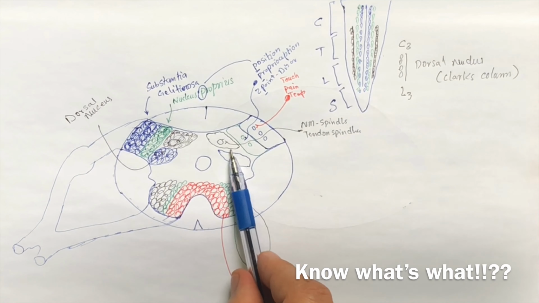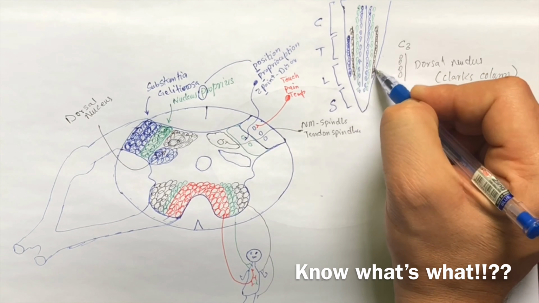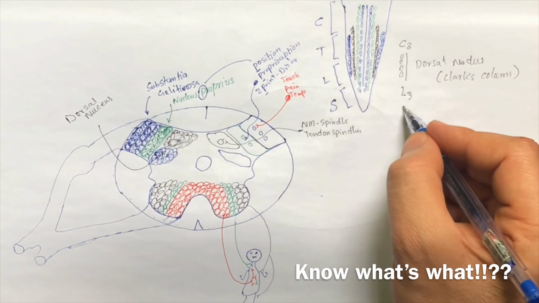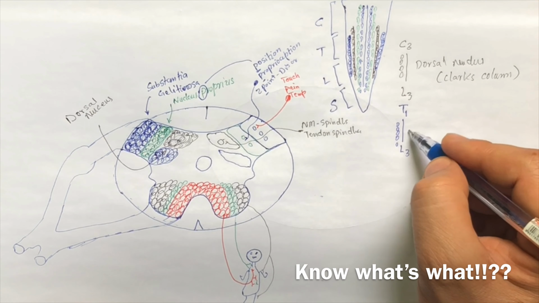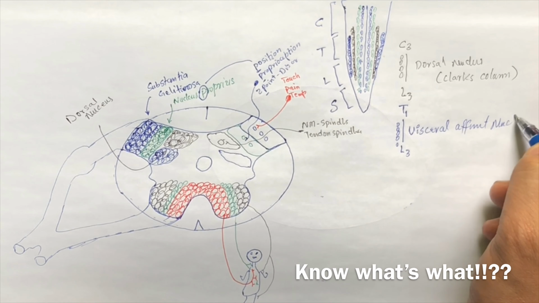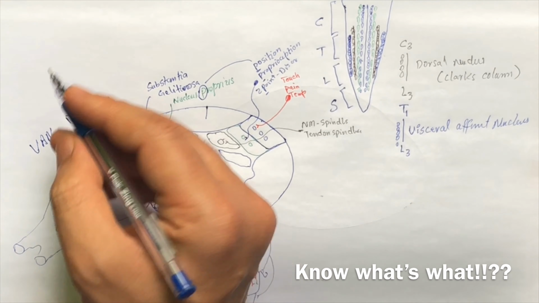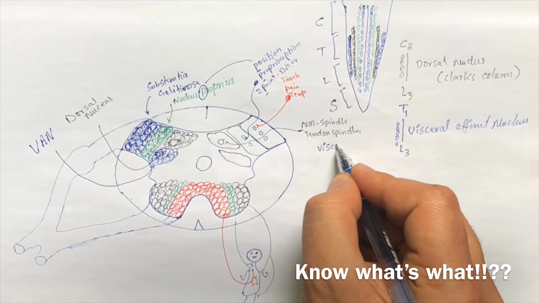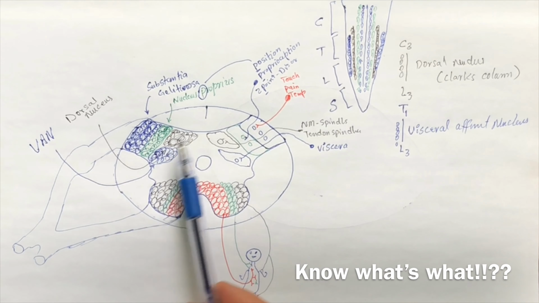We have the visceral afferent nucleus that will extend from T1 to L3, right? So here is your T1 to L3, the visceral afferent nucleus. Now the visceral afferent nucleus will receive the information from the viscera, and they will terminate here, right? This is your dorsal and ventral.